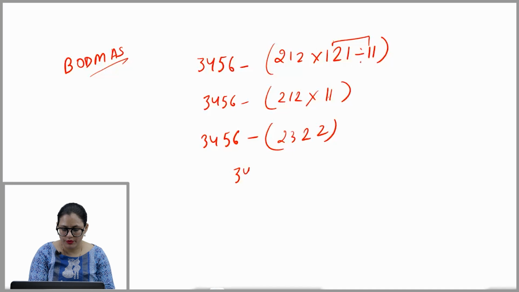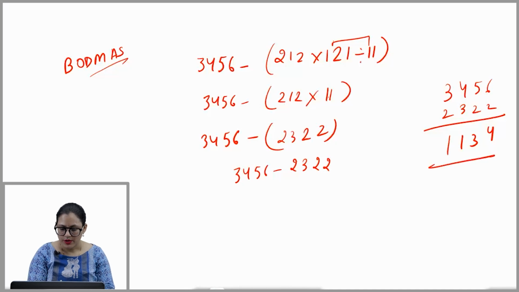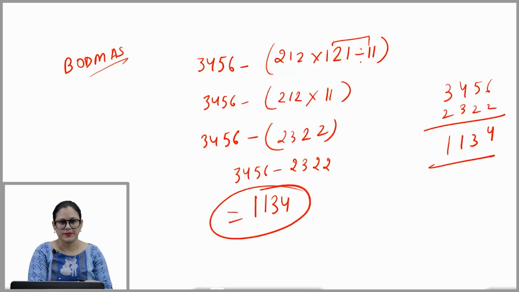So 3456 minus 2322. Now subtract. 6 minus 2 is 4, 5 minus 2 is 3, 4 minus 3 is 1, and 3 minus 2 is 1. So 1134 is the answer. Right, students?